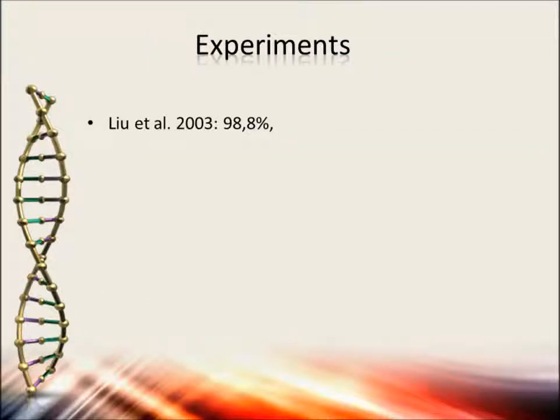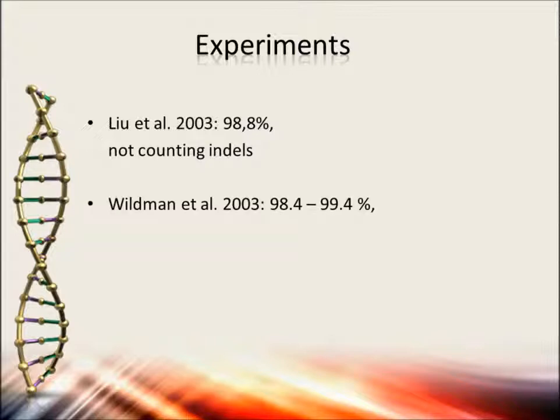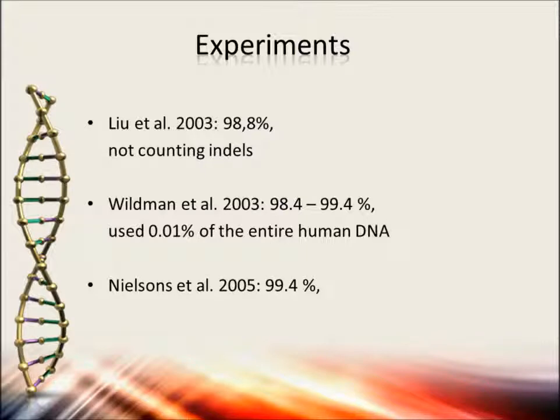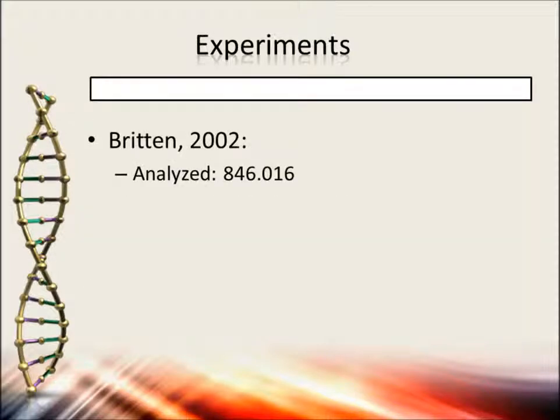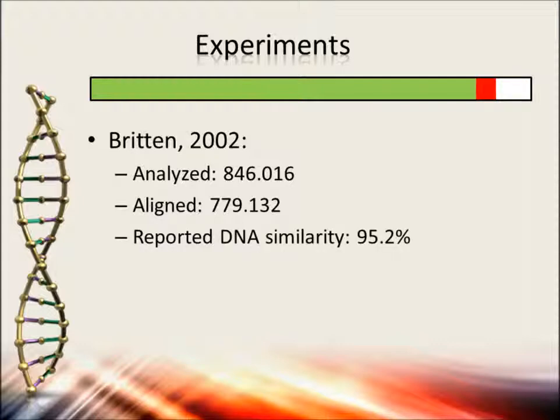Here's a list of scientists who have reported very high percentages of similarity. The first did not include indels, the others only analyzed a very small section of the genome. Britain in 2002 analyzed 846,000 base pairs, managed to align almost 780,000 of them, and reported a DNA similarity of 95.2%.